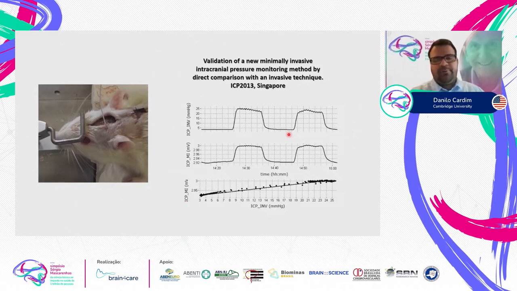My work with Professor Mascarenhas started back when we were still doing experimental studies in animals. I was heavily involved during my master's degree in studies that compared the minimally invasive non-invasive intracranial pressure sensor, which back then was basically, as we can see here, a strain gauge extensometer sensor glued to the cranial bones.